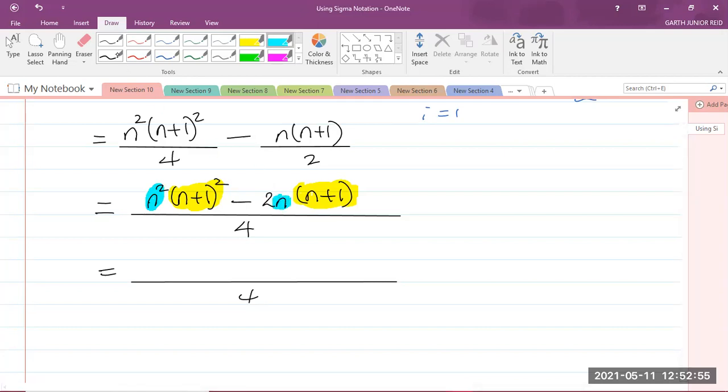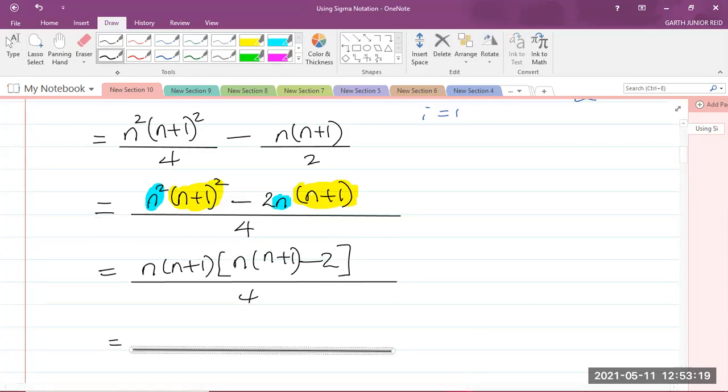So n is common. So what we can do is factor out an n, and we can factor out an n plus 1. When I do that, what I will have remaining inside the brackets is n times n plus 1, minus 2. That is what I will have.